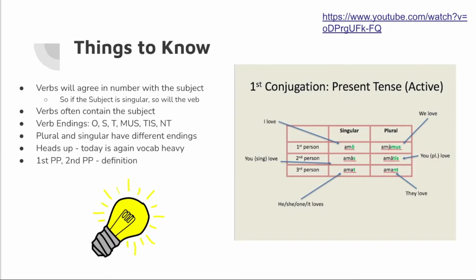So for amo, you take away the o, so it would be am, then put an a, so it would be ama, and then add re, so amare. That is the second principal part. So it goes amo, amare, and then the definition is to love.